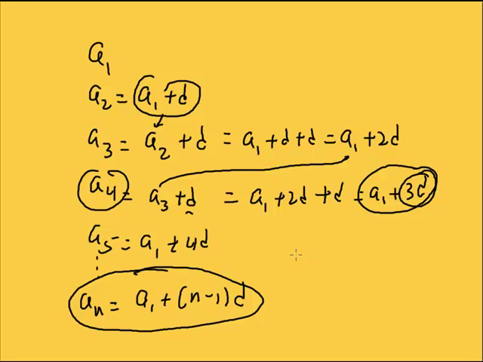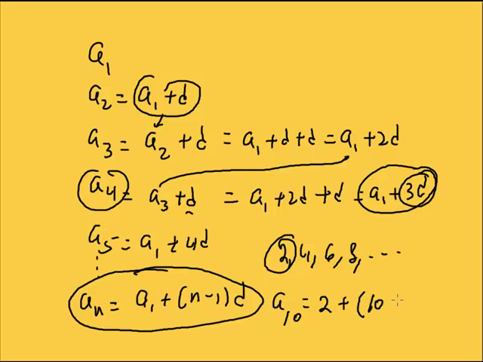So let's go to the problem that we had before. Let's say we have 2, 4, 6, 8, and so on. This is an arithmetic sequence because I'm adding 2 each time. If I want to find a sub 10, the 10th term of this sequence, I know a sub 1 is 2, plus 10 minus 1, since n is 10, times the difference, which is 2.